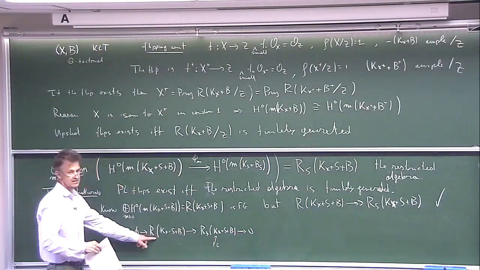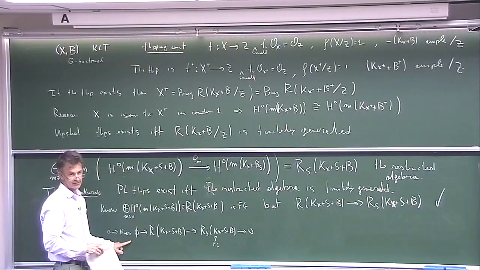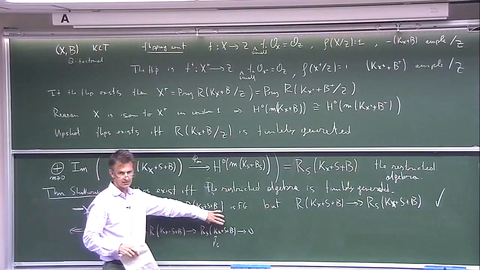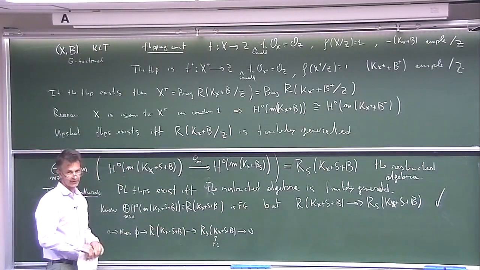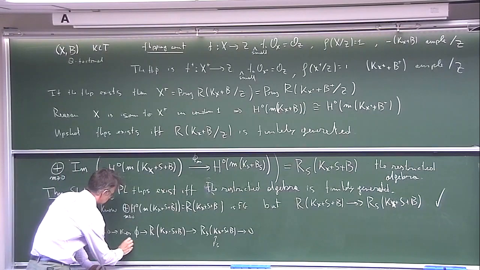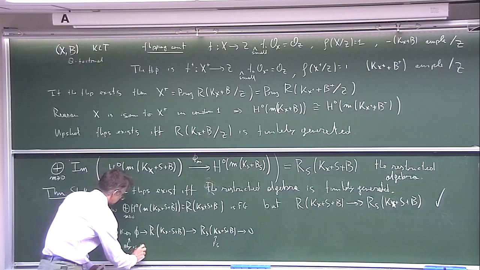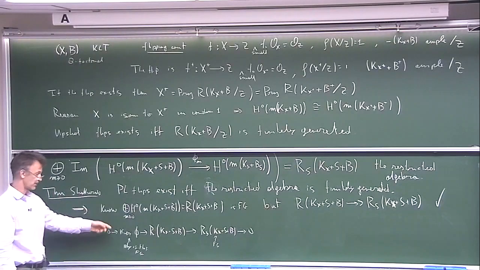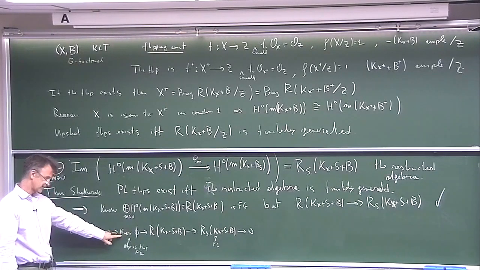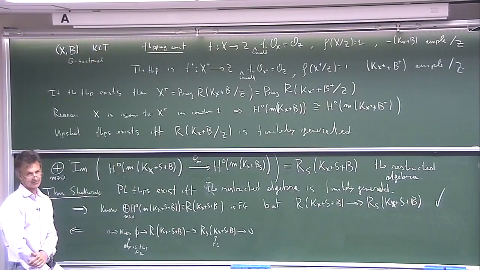How can I conclude that this is finitely generated? Well, it will be enough to show that the kernel is finitely generated, right? Because you lift generators of the image, and then you take the generators of the kernel, and you'll get the whole thing. So why is the kernel finitely generated? Roughly speaking, I'll make it precise in a second, you should think that this is a principal ideal, and in particular, it's finitely generated.